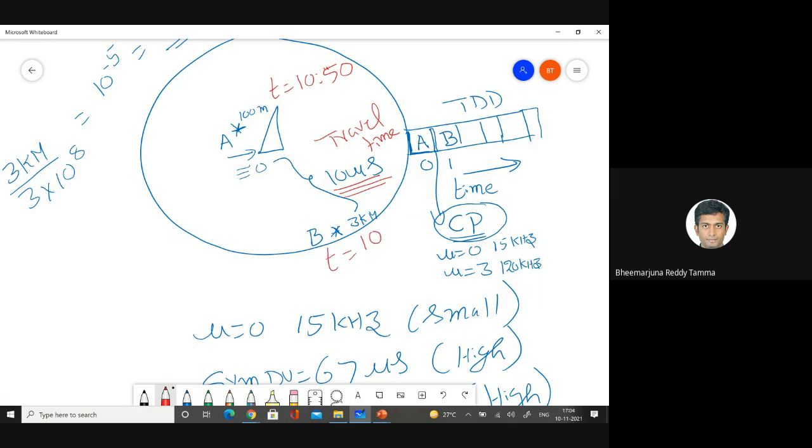Take this example, where let me simplify the case where I have 2 users and the base station has decided to allot this particular slot.